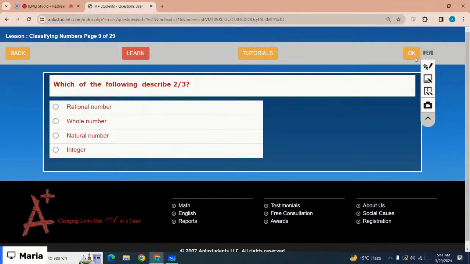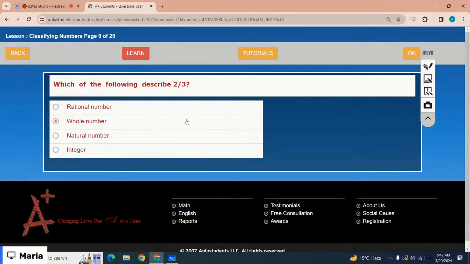Which of the following describes 2 by 3? Which is the correct option? The correct option is 2 by 3 is a... whole number, right?